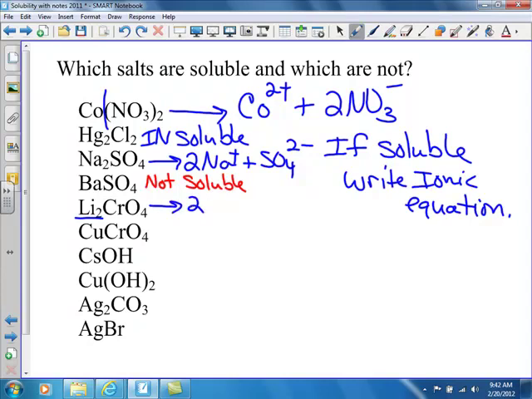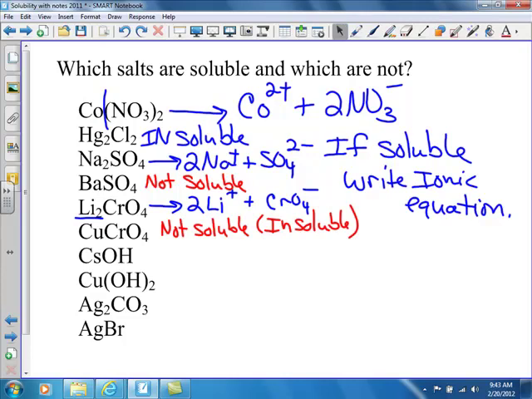So this is going to be 2 Li plus and CrO4 2 minus. Copper chromate, insoluble, not soluble. I probably should use the term insoluble so you get used to that.